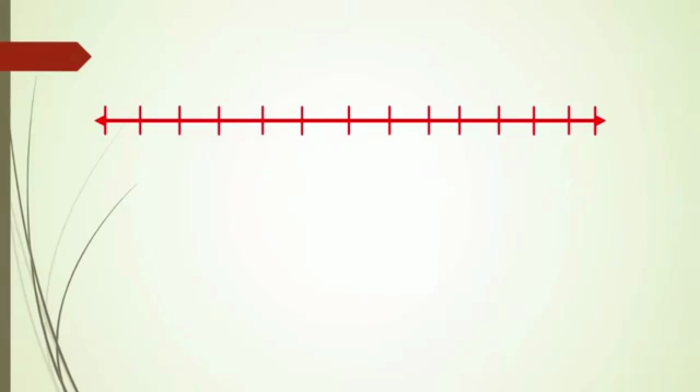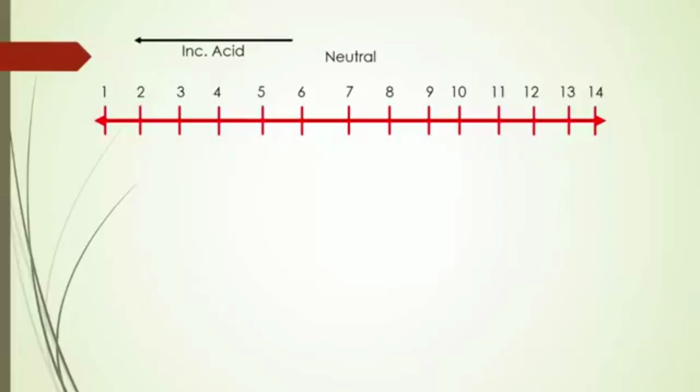So on the pH scale, as you move further away towards lower numbers from 7, you increase acidic qualities, while as you move further away towards higher numbers from 7, you increase alkali properties, or you increase the amount of base.